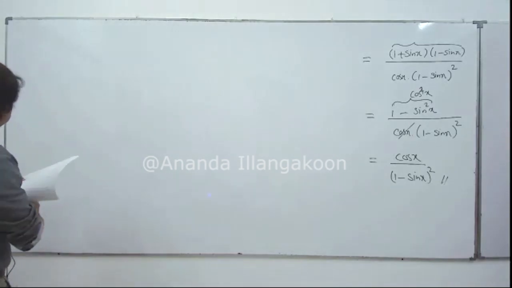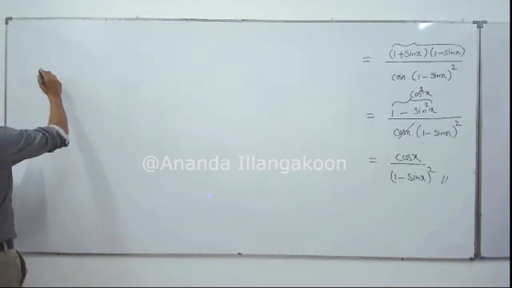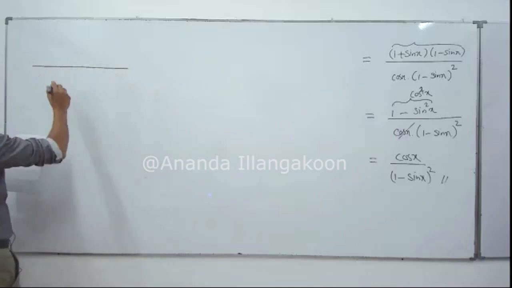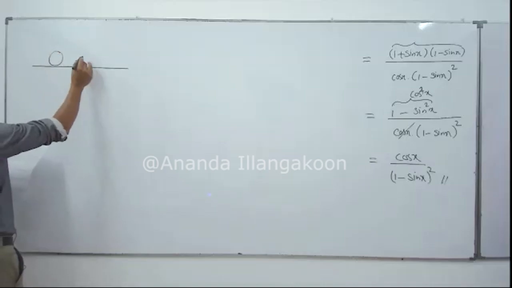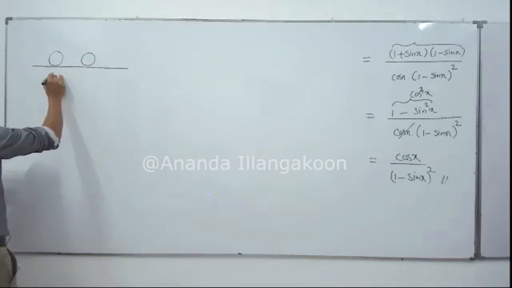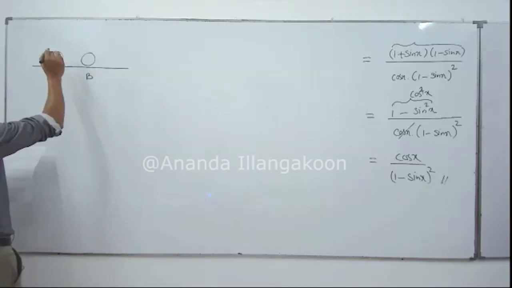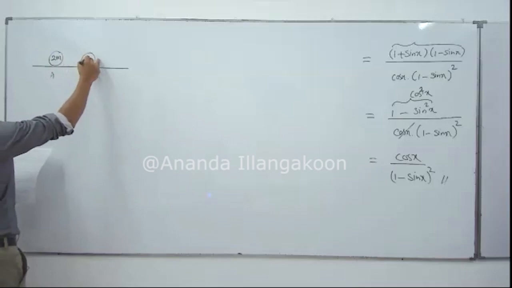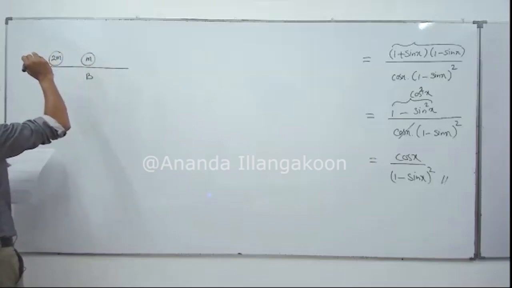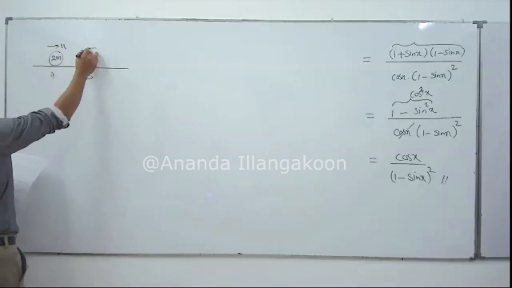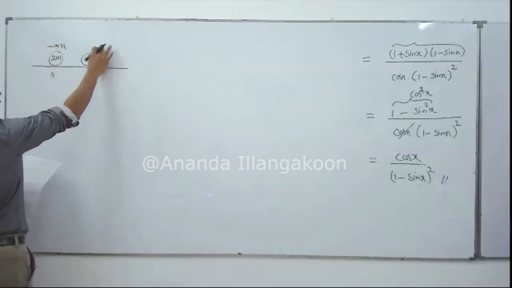Okay, now this is A and B. A has mass 2m, B has mass m. They are moving on a smooth horizontal table along the same straight line towards each other with the same speed u.